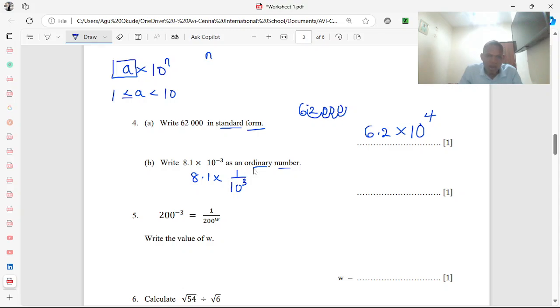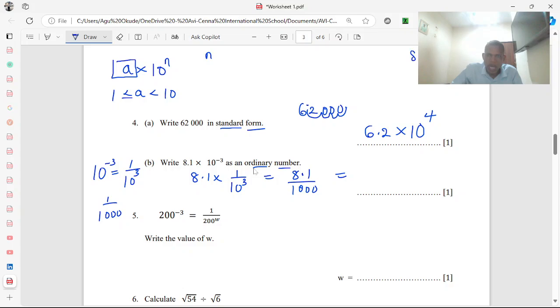Now how do I get this? If you look carefully, if you have 10 to the power of negative 3, from the law of indices, this should give us 1 over 10 to the power of 3, and this is obviously 1 over 1000. So we have 8.1 all over 1000.